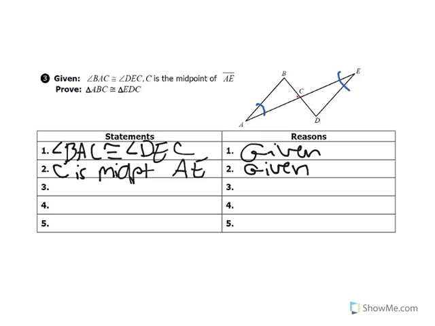So C is the midpoint of AE, which means that each half is the same. So tick mark here, tick mark here. So now I need to put that into my proof. I need to put that AC is congruent to EC. And the reason I know that is definition of midpoint.